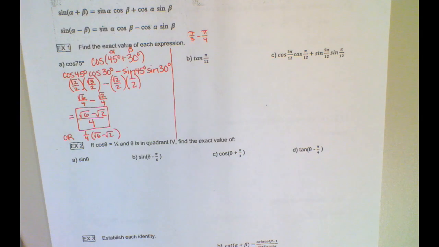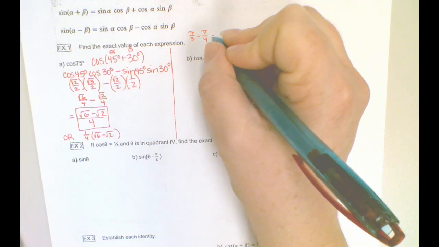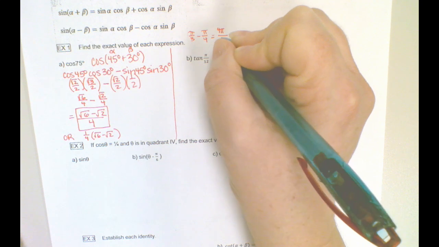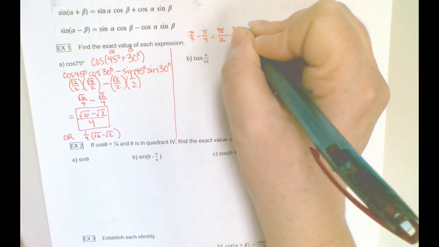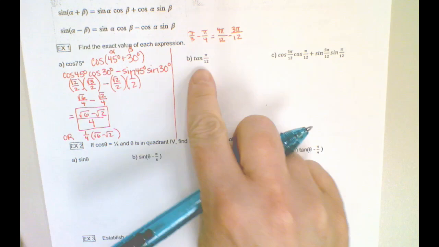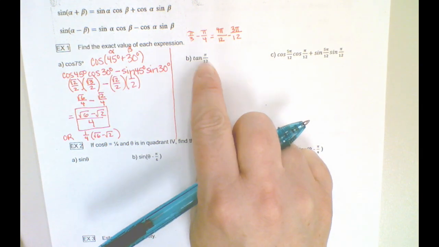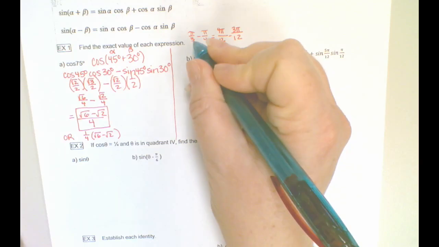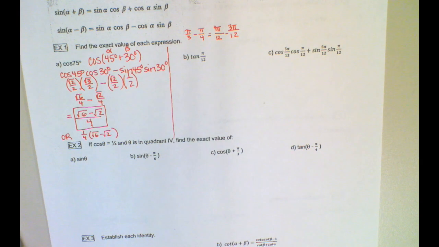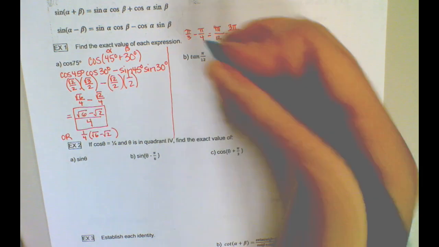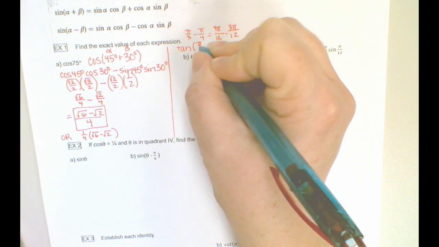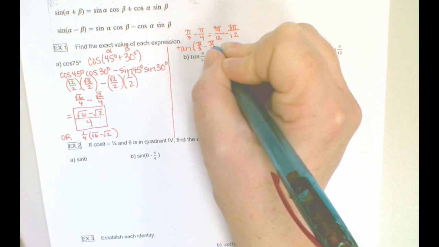If I rewrote those with a common denominator of 12, that's 4 pi over 12 minus 3 pi over 12, which is indeed pi over 12. So I'm just proving to you why pi over 12 is the same as pi over 3 minus pi over 4. We're going to rewrite this as tangent of pi over 3 minus pi over 4.